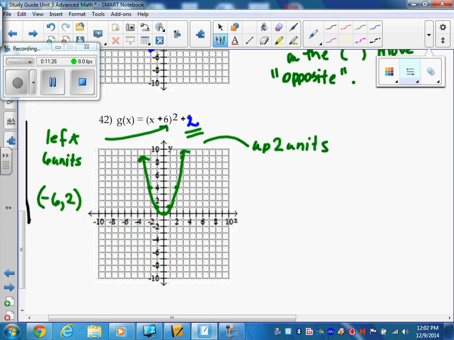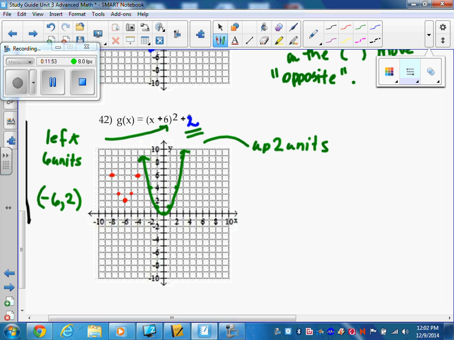So I'm going to move this vertex up 2 units and left 6 units. So here is my new vertex, and I'm going to use the symmetry. It was over 1, up 1, left 1, up 1. It was over 2, up 4, and over 2, up 4. And I could go over 3, up 9, but that's 4, 5, 6, 7.